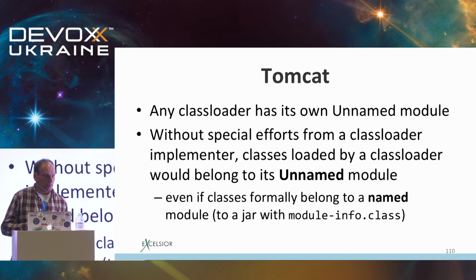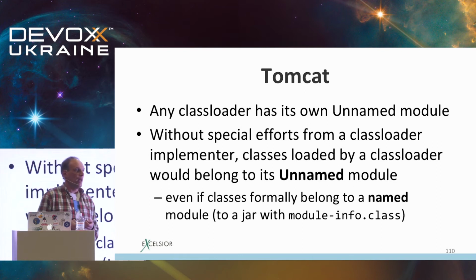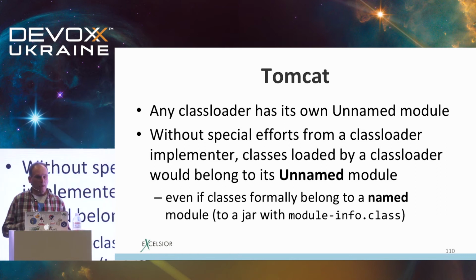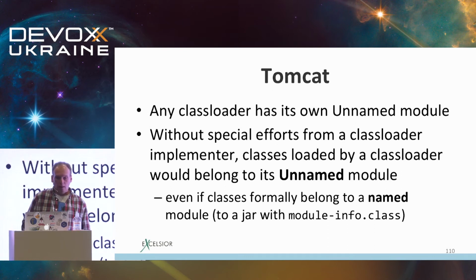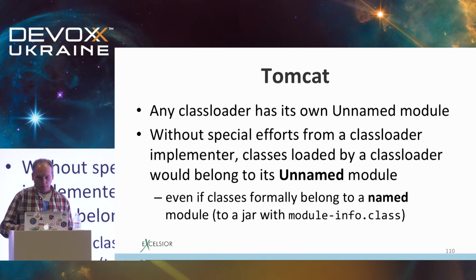But if it does not do that, all its loaded classes will belong to the so-called unnamed module, even if classes of that module formally belong to a named module, for instance, it has a module-info.class declaration in the jar.